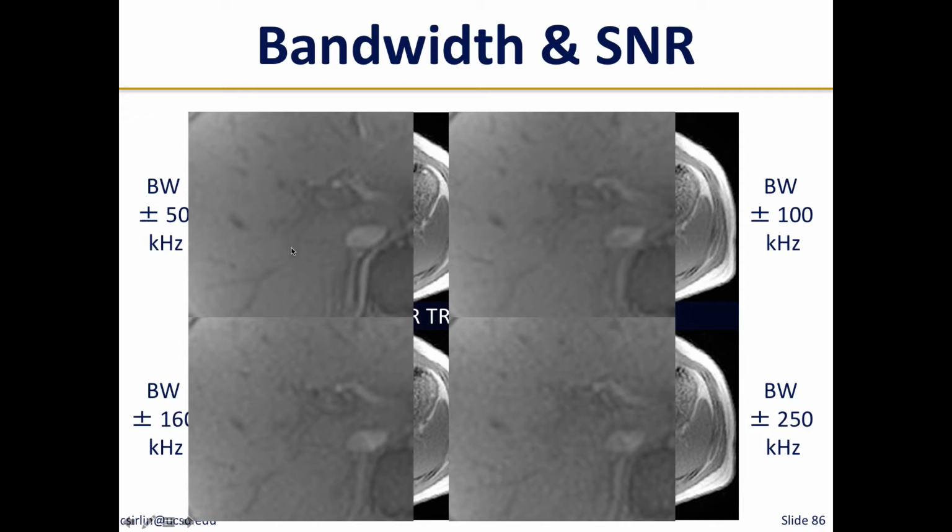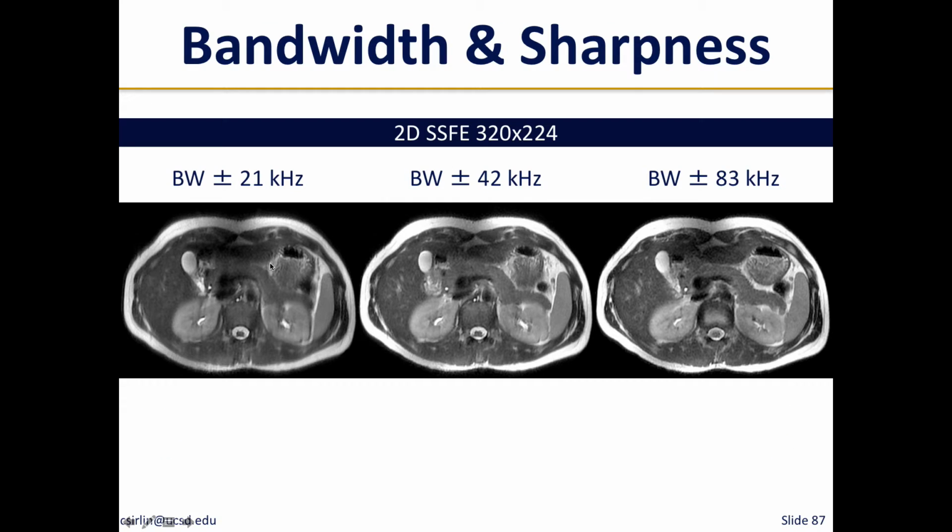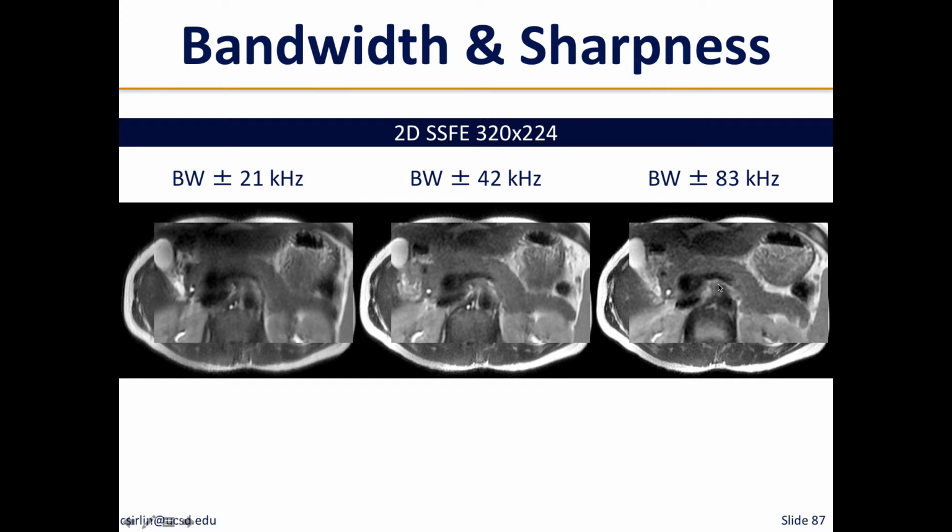So if the signal to noise decreases when you increase your bandwidth, why would you ever want to increase your bandwidth? Why don't we just always image with low bandwidth? Because increasing the bandwidth can increase image sharpness. So here's again our volunteer. Look at the pancreas, bandwidth 21, bandwidth 42, bandwidth 83, and let's now magnify these images.